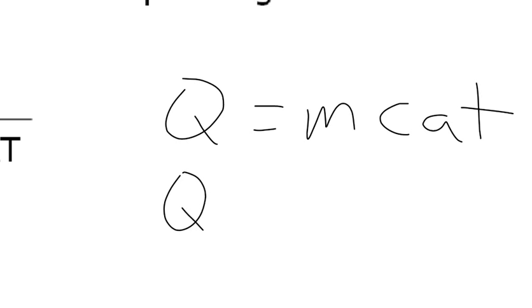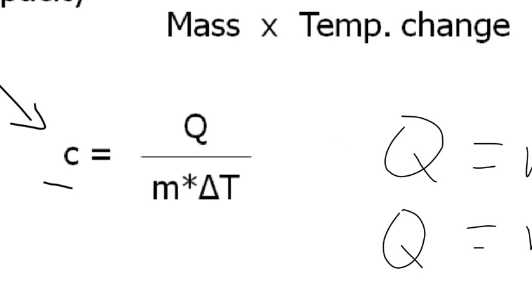If we rearrange that formula, Q is equal to mass times c, the specific heat capacity, times change in temperature. So you can see how that kind of looks like MCAT. So Q equals MCAT, if you want a clever way to remember that. But if you're solving for c, you'll have to rearrange the formula using your algebra, and that will take you back to this. Okay, cool.